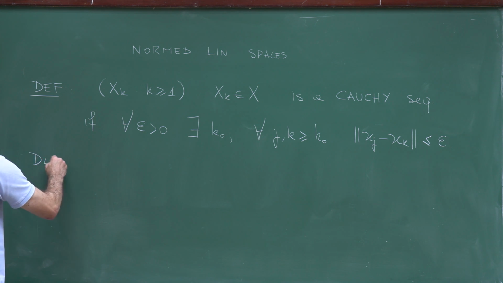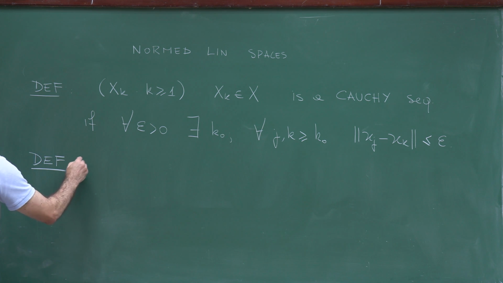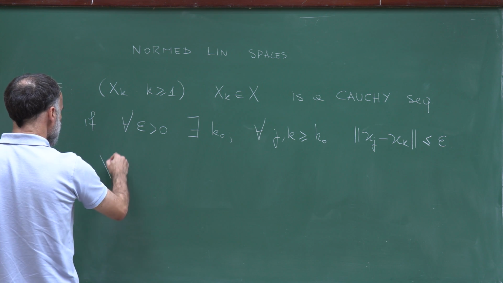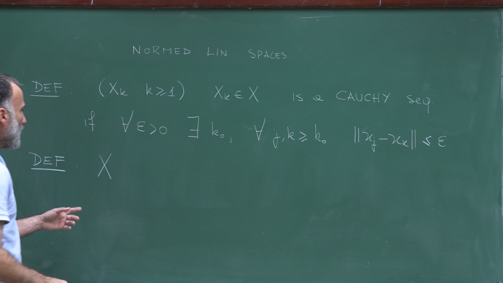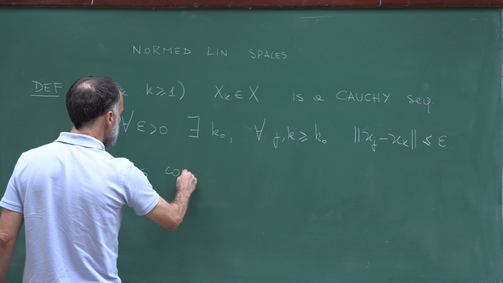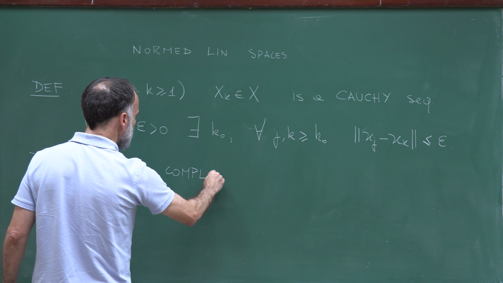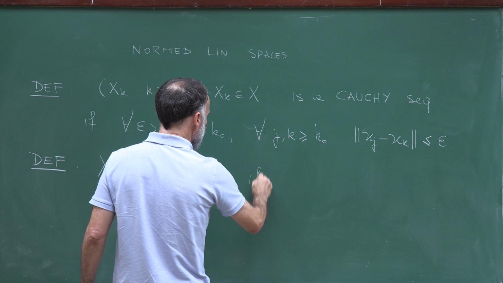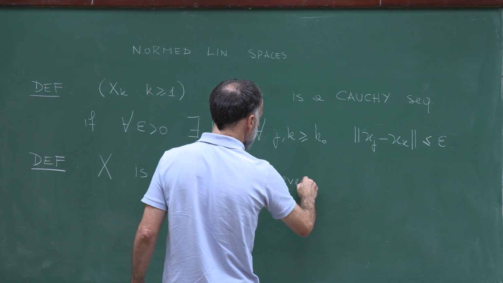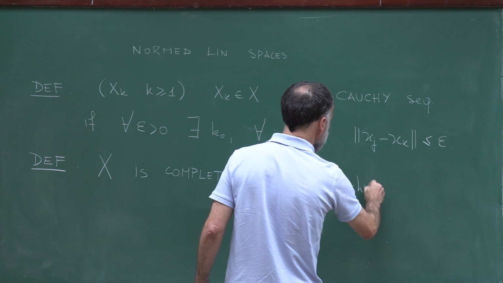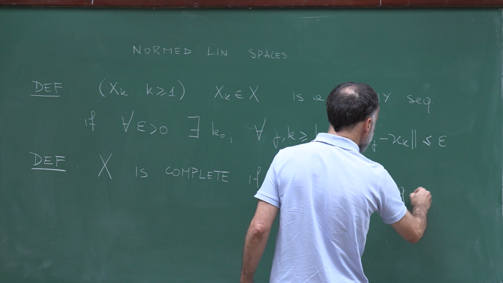Now, let me remind you what a complete space is. So I'll say that X is complete if every Cauchy sequence converges.